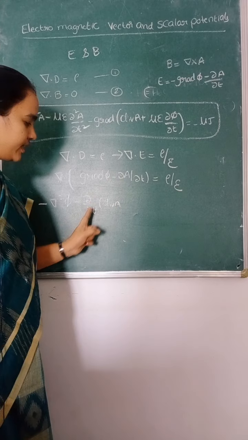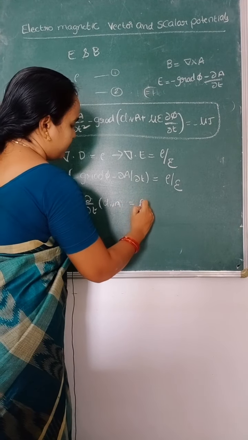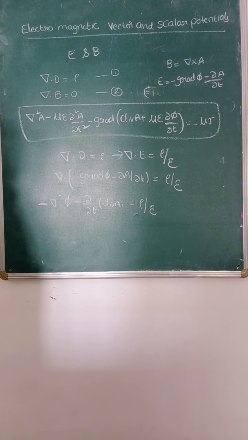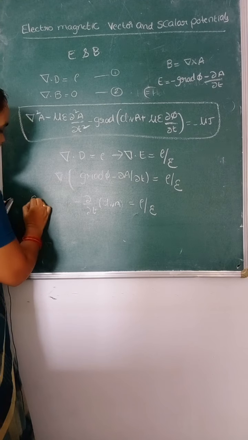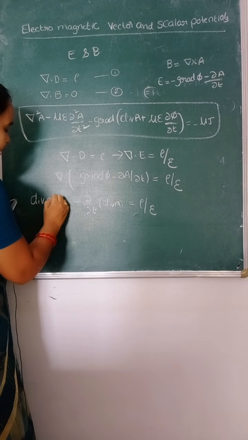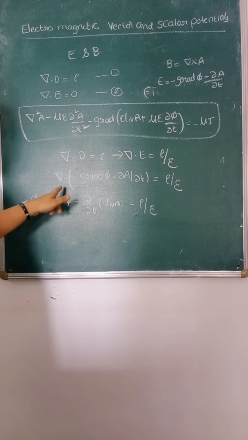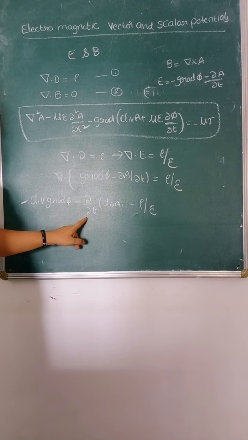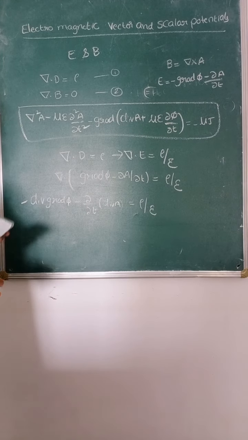So minus dou by dou t and divergence of A is equal to, del dot means divergence of gradient of phi minus dou by dou t of divergence of A is equal to rho by epsilon naught.